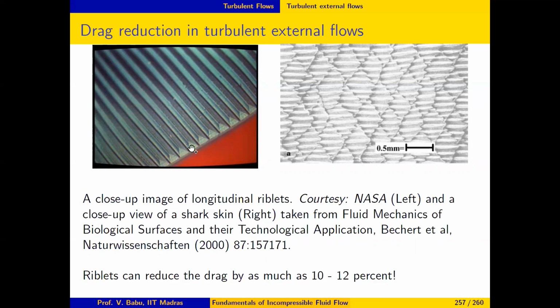So the riblets, usually these triangular grooves, have a depth equivalent to about 5 plus or less, and this alters the flow in the sublayer, thereby reducing the skin friction dramatically. You may recall that the turbulent skin friction comes entirely from the viscous sublayer, and these grooves alter the flow structure in the viscous sublayer, reducing the skin friction.